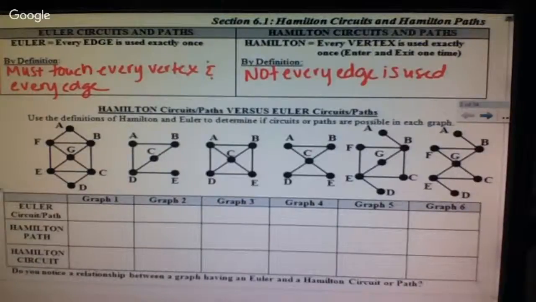So we are no longer required to travel every edge. However, once you've traveled it, you can't travel it again. So I guess we should put here, but once traveled, can't go back.